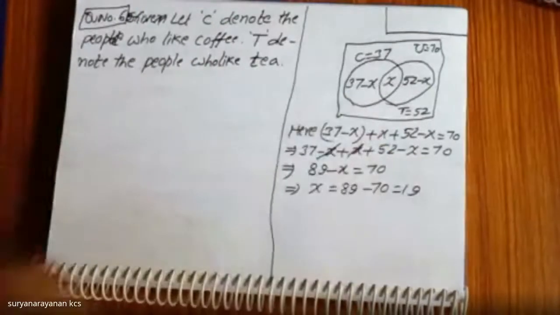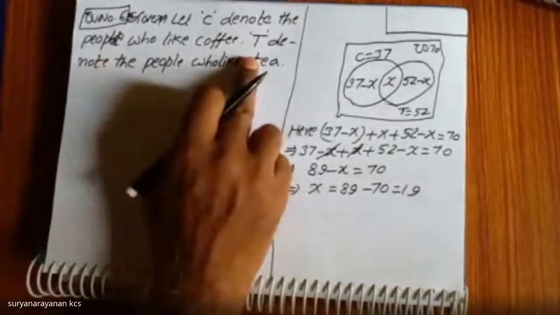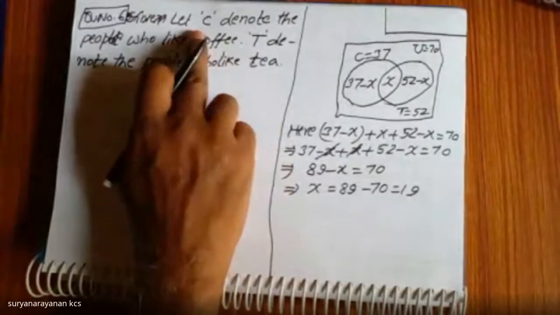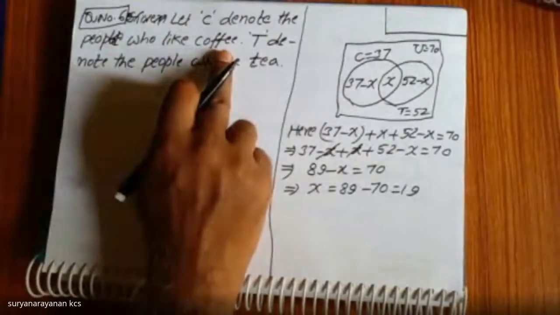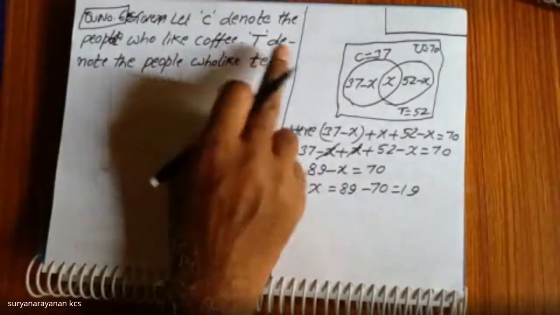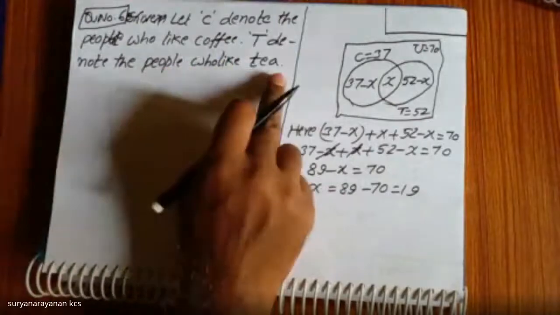Okay, my children. First of all, we have to write this description. The letter C denotes the people who like coffee, and the letter T denotes the people who like tea.